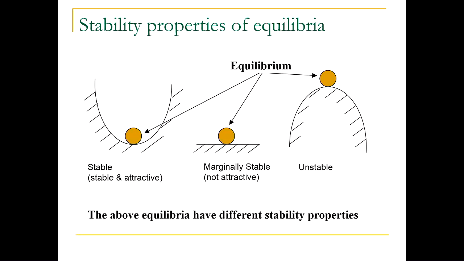So here is now the same picture of all these different equilibria, but now I can add an extra descriptor to each of them. You can see that they all look different, but actually their stability properties are inherently very different. So this I would call a stable equilibrium. Why?